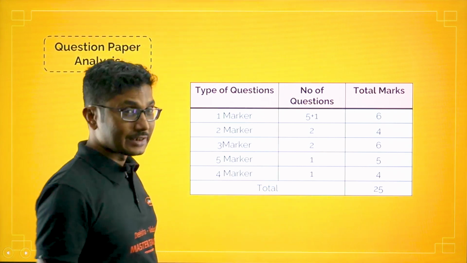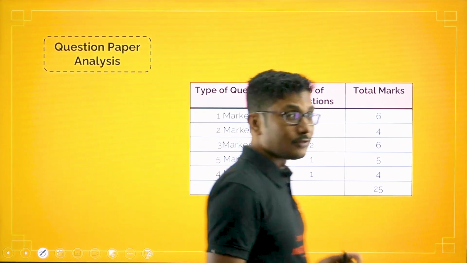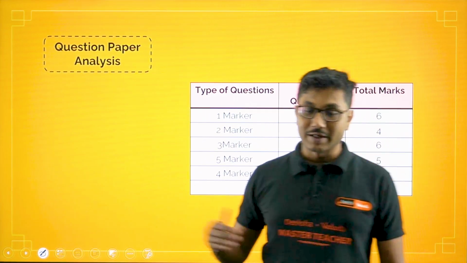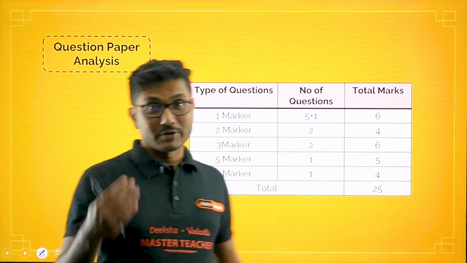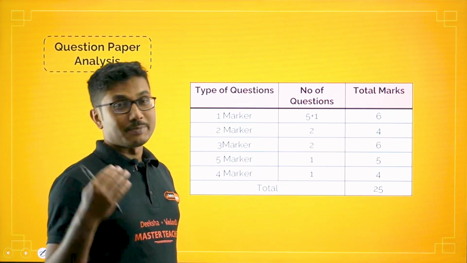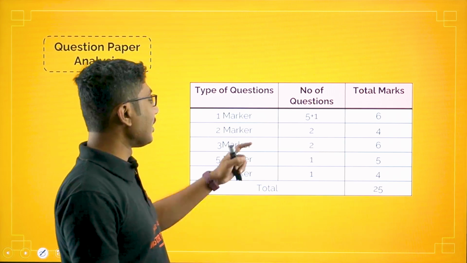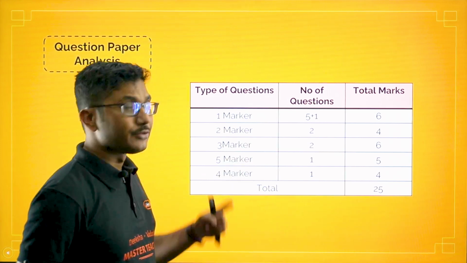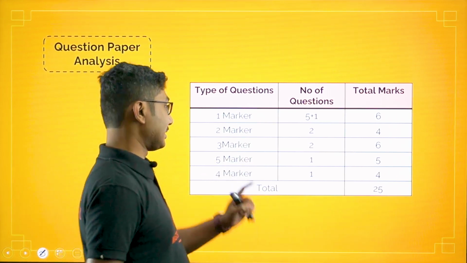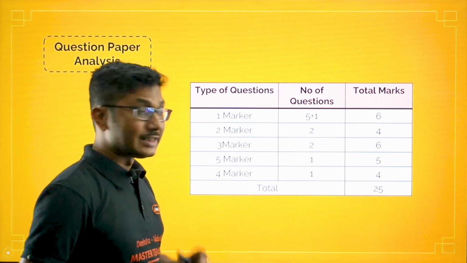Your final board exam is approaching, so obviously you want to practice more and more. This is the 10th sample paper for science, so I hope your science paper will be sorted. In the 1 marker section we have 5 MCQs and 1 assertion and reason based question, totaling 6 marks.